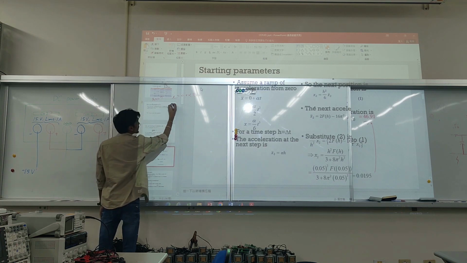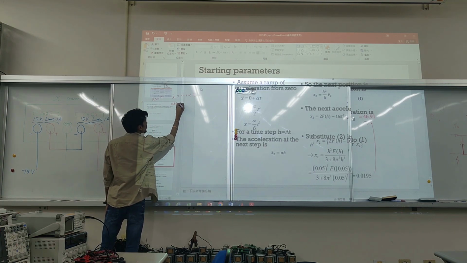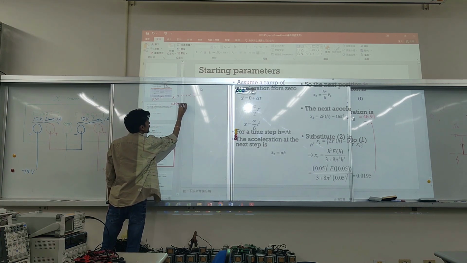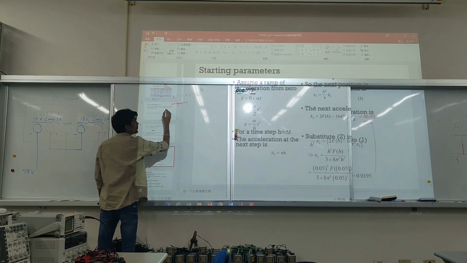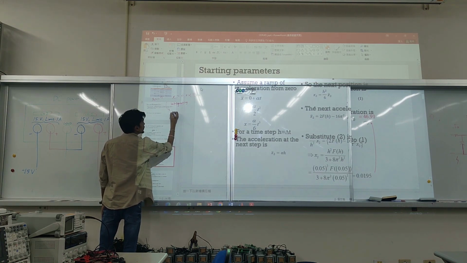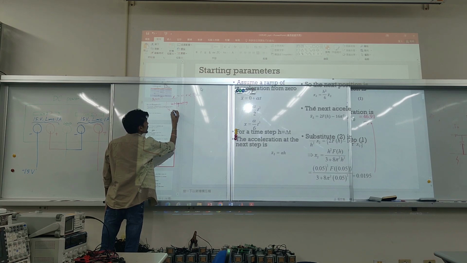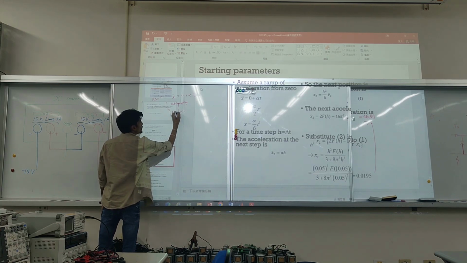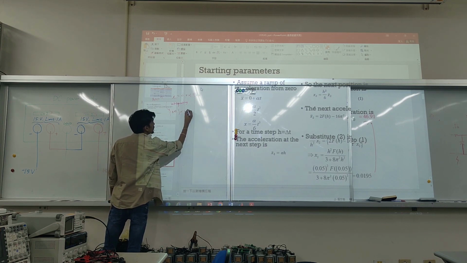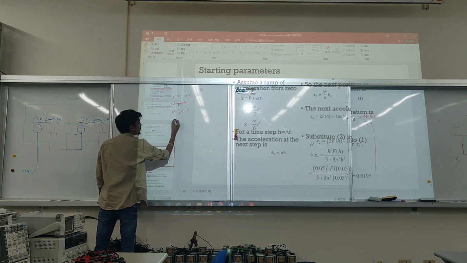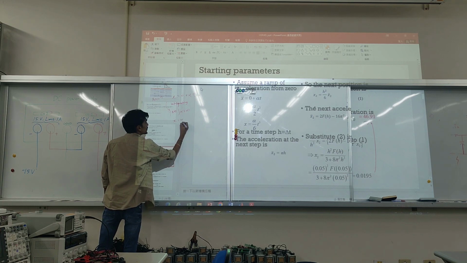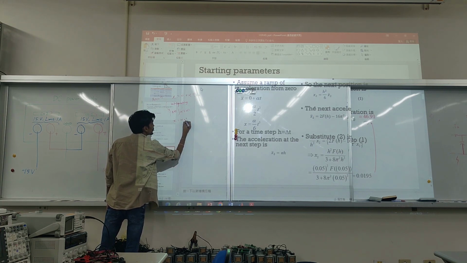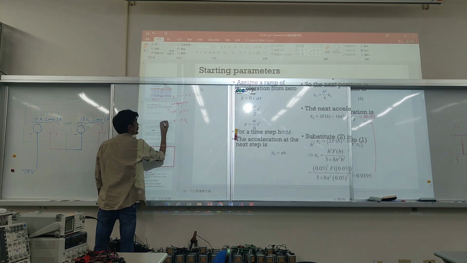Now if we integrate, we will get the velocity term, that is x dot is equal to the integration of alpha t dt. So we will get velocity alpha t square by 2. That is our velocity.